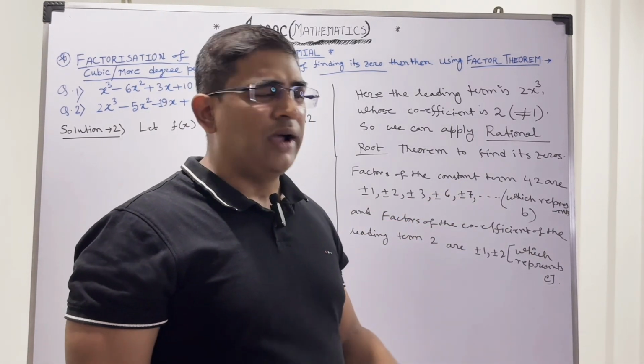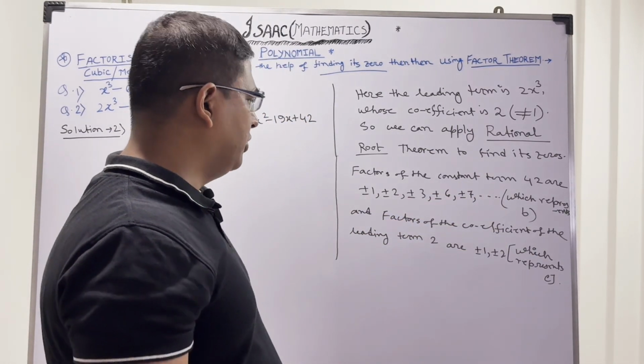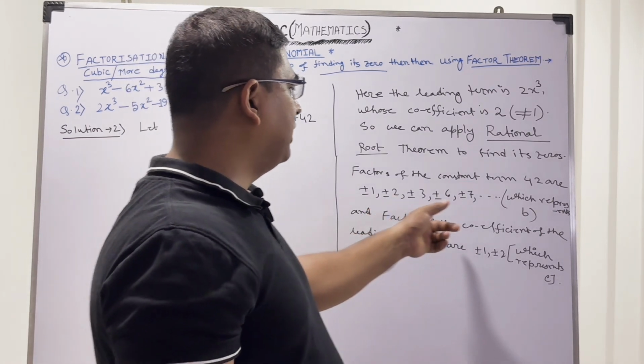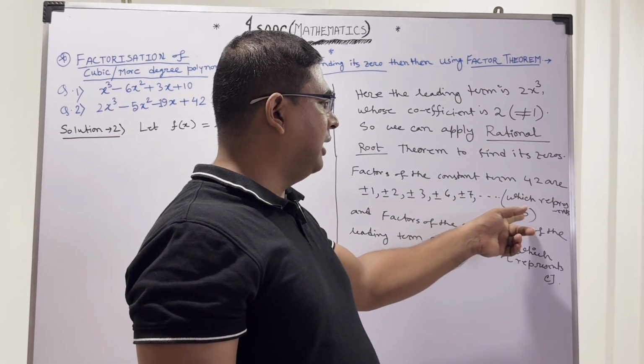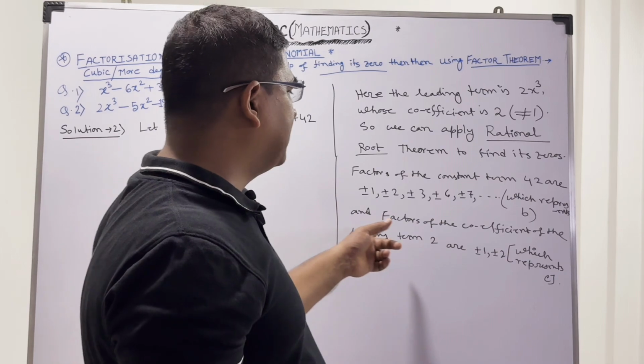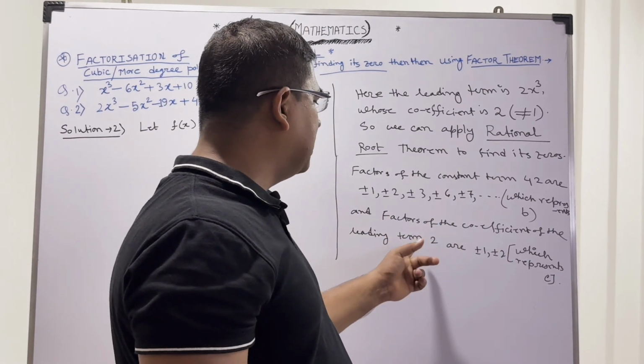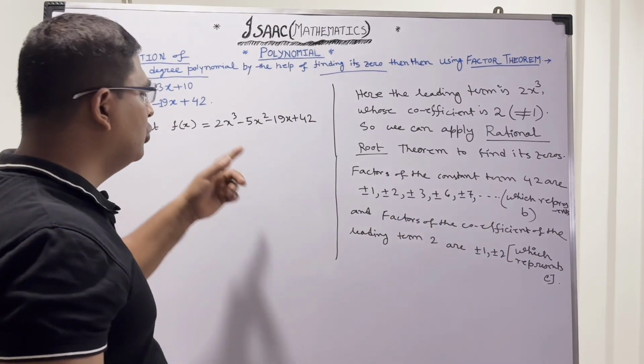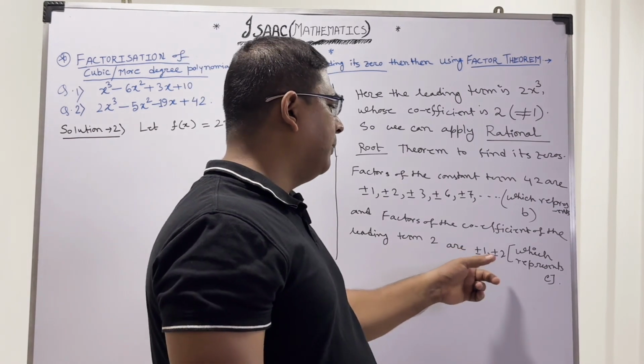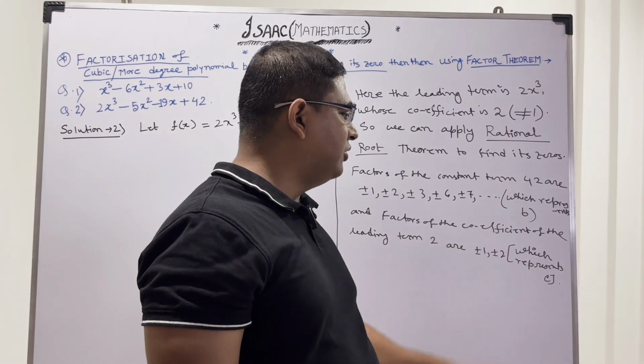There are so many factors of 42, which are represented by the letter B, and factors of the coefficient of the leading term, that is 2, are plus minus 1 and plus minus 2, which represents C.